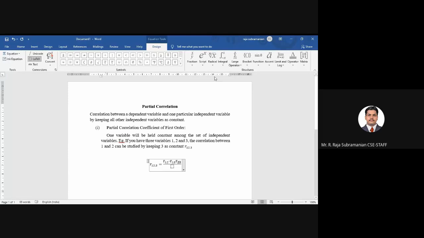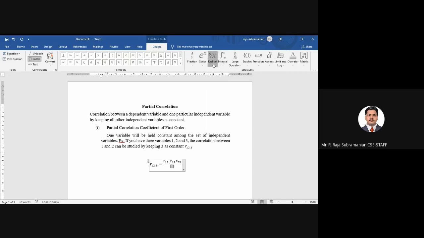Here it is r12.3, so it is r12 minus r13 r23. This is the first order. And I divide it by the square root of 1 minus r13 squared into 1 minus r23 squared. So that is the new formula we are learning today, right?